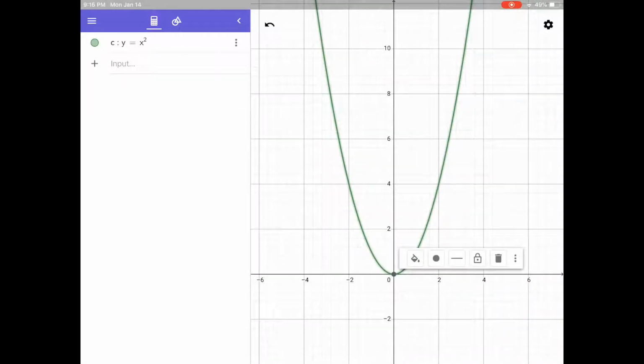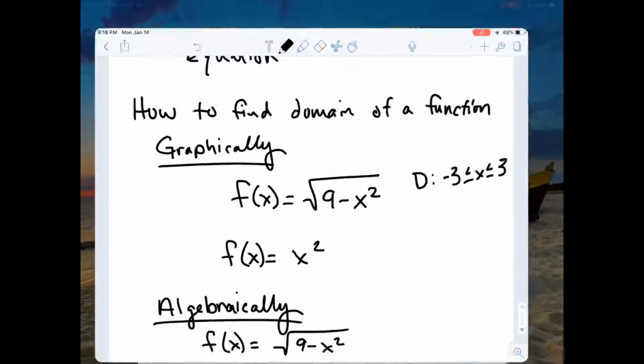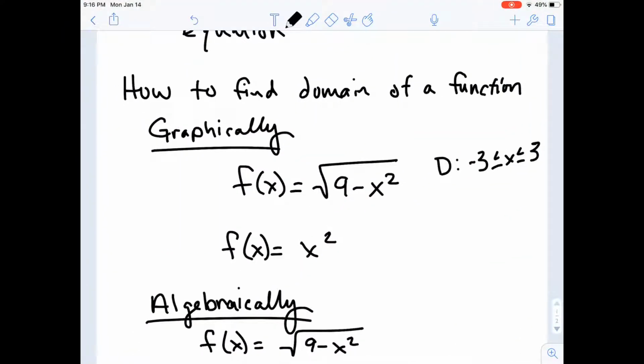There's no stop and no start to this graph. So for your domain, you can pretty much use any value of x, both positive or negative. If you wrote this graphically, you would write it as all real numbers.